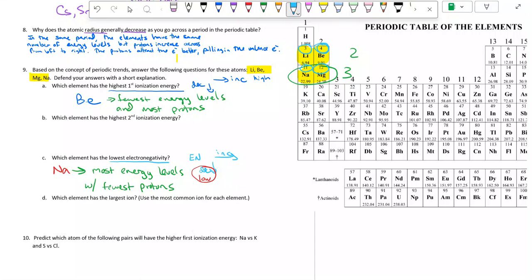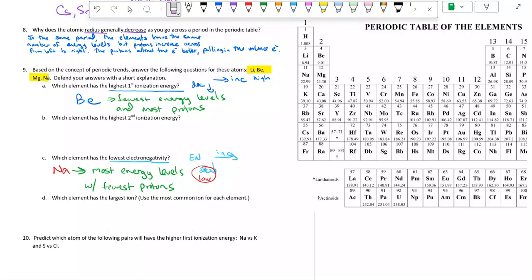All right, so B and D have to do with what happens after you've removed some electrons. And so that messes with our trends. The trends are just based on if they're their original atoms. If you start messing with them, the trends don't work anymore.